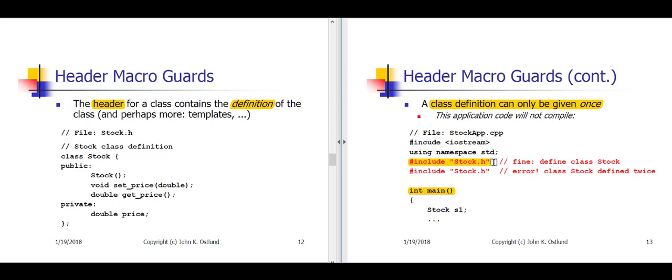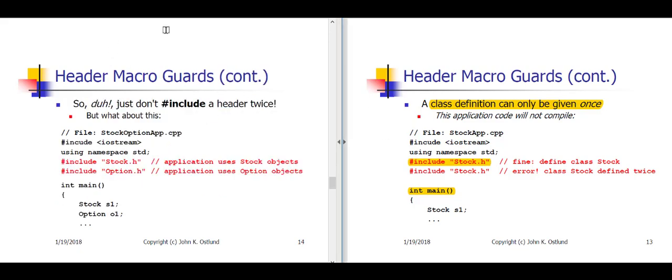So you can say, well, just don't do this. Just don't include stock.h two times. That seems reasonable, but consider this situation. Suppose that you have developed options on stocks, and you have an Option class. Here we have an Option object named O1 being used in the main function.